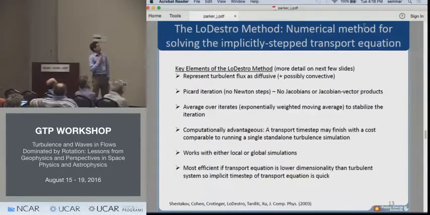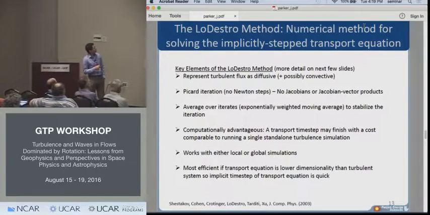So the strategy I'm going to be talking about is the LoDestro method, a numerical method for solving this implicit time step equation. I'll list some of the key elements of that here, with more detail on the next few slides.